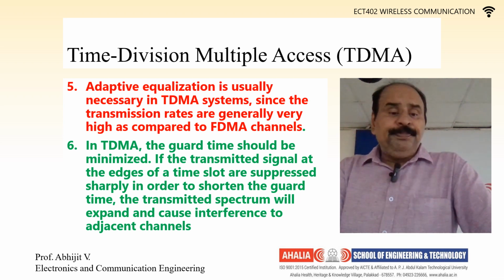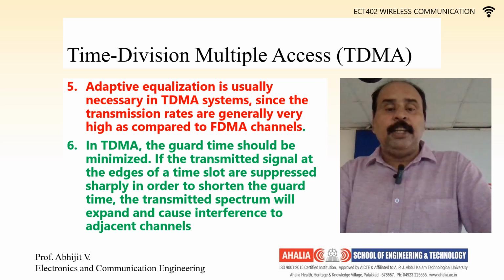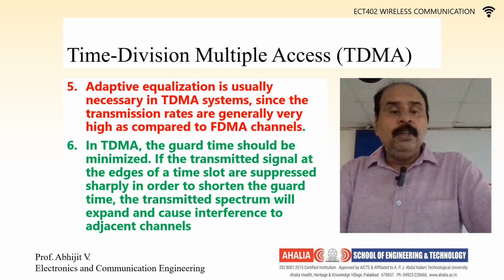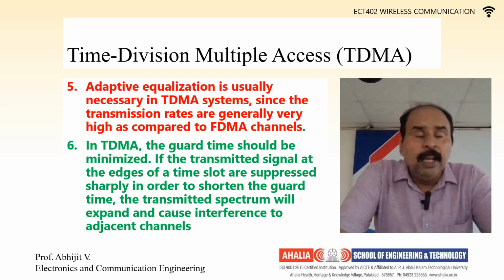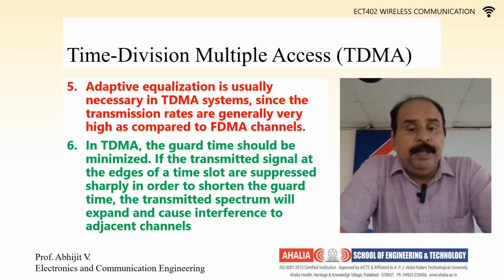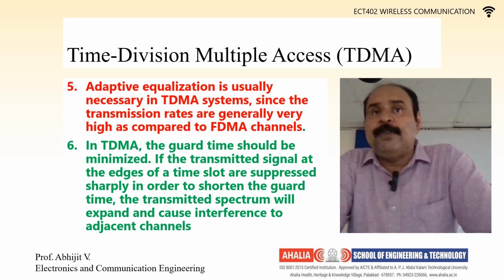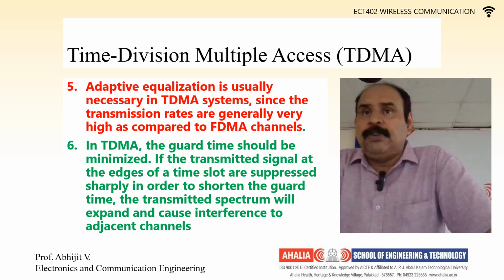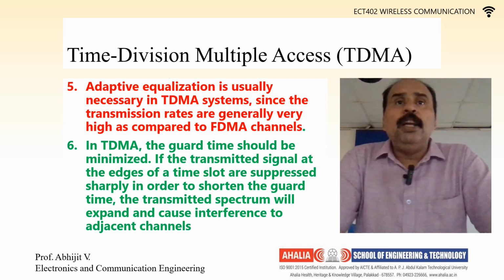Next point, adaptive equalization is usually necessary in TDMA systems since the transmission rates are generally very high as compared to FDMA. We have studied what adaptive equalization is, right? Equalization that depends upon the channel conditions, you need to keep equalized.